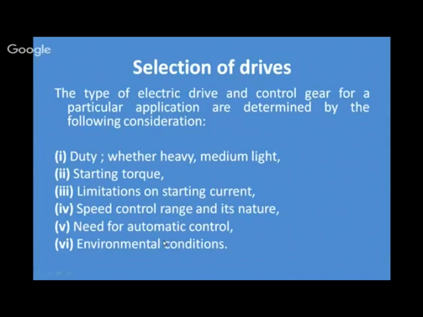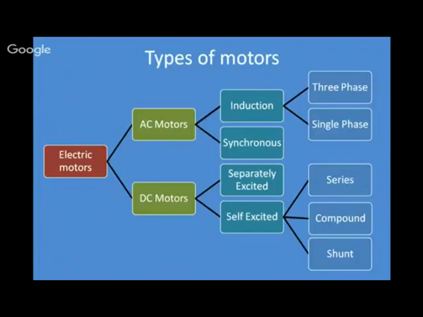For example, if the atmosphere is not dry, or it is humid, or it is very explosive around the drive, we cannot use DC drives here, because DC drives produce sparks, so it will be very dangerous for that type of environment. Then the most important part of a drive is motors.